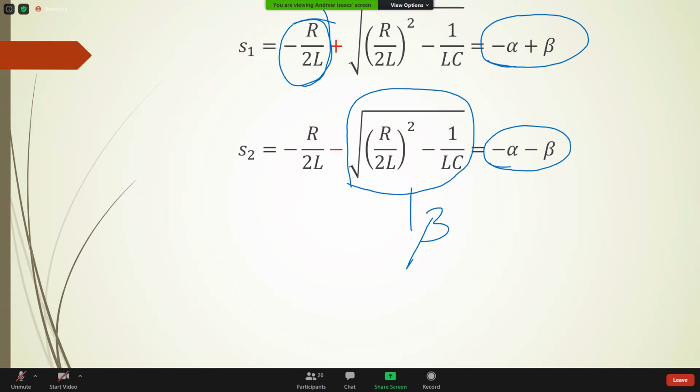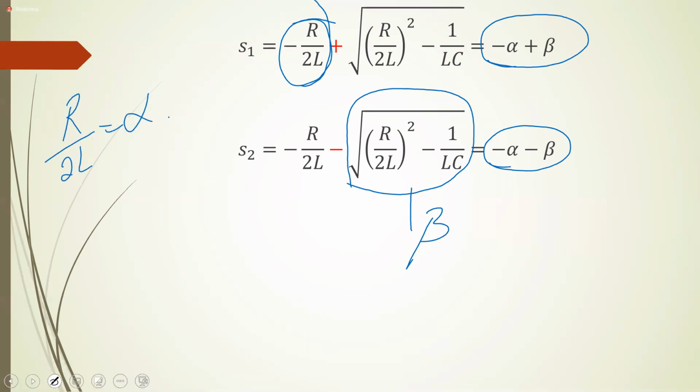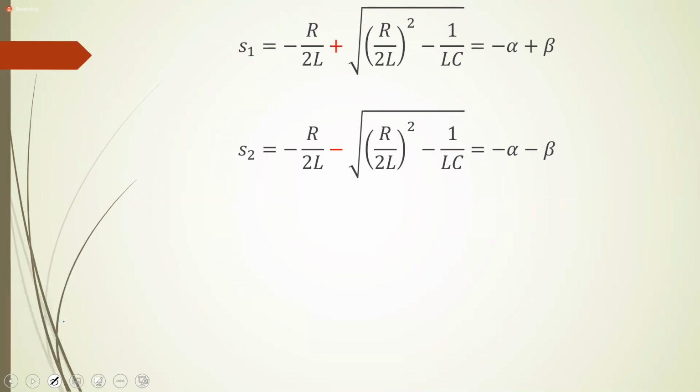All right, so R over 2L is alpha, yes, and beta is equal to what we have here in the bracket.